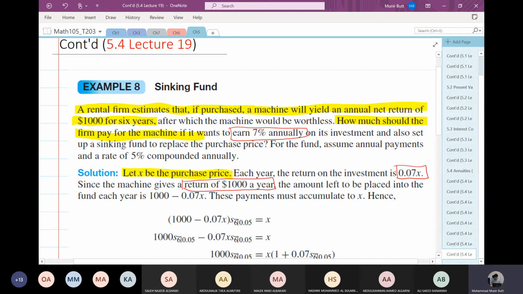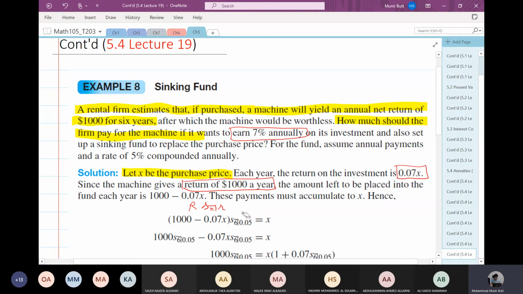So what would be the return for these 6 years? This will be R times S_{n|r}, which is equal to the purchase price.